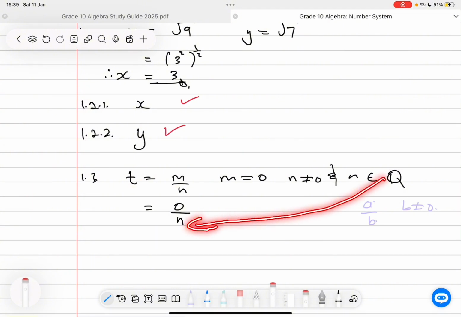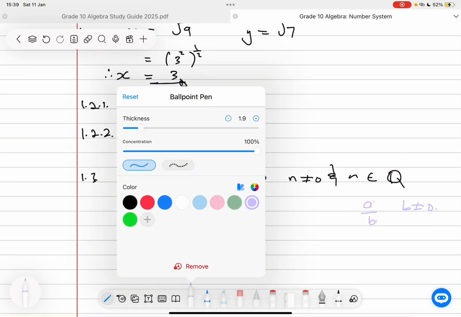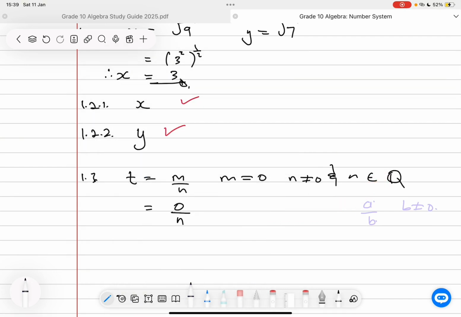It can be 1 over 2, it can be negative 3 over 5, it can be 7 over 10, it can be any fraction. We divide by that here. But you'll realize that it doesn't matter if we divide by any rational number. This whole thing will be a 0, because 0 divided by any number is a 0.